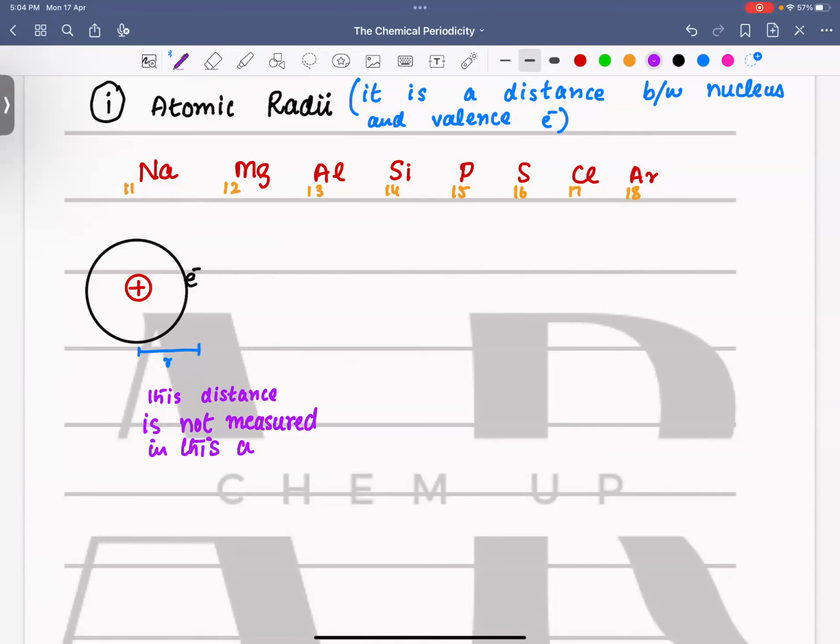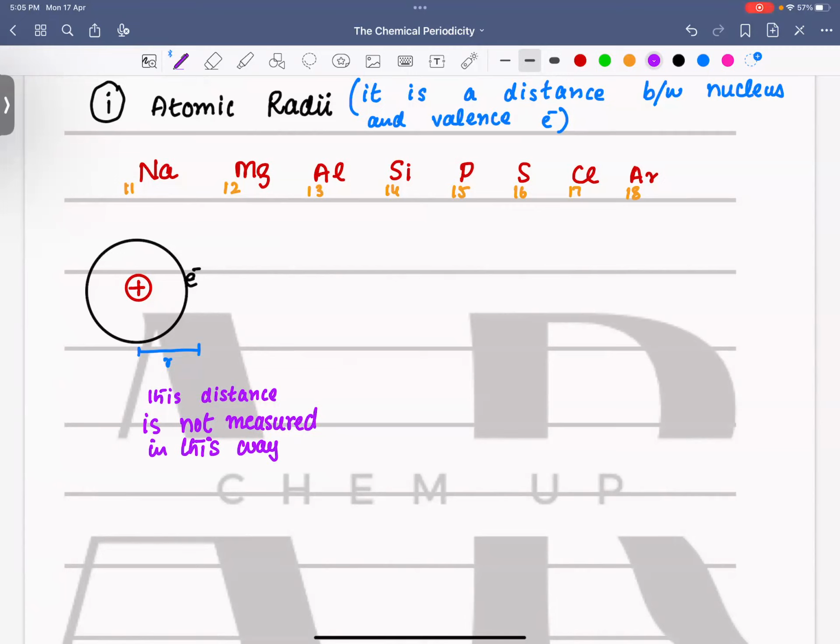We can't measure the distance in this way because where the electrons are moving is the imaginary boundary. So we don't know till where to measure it.